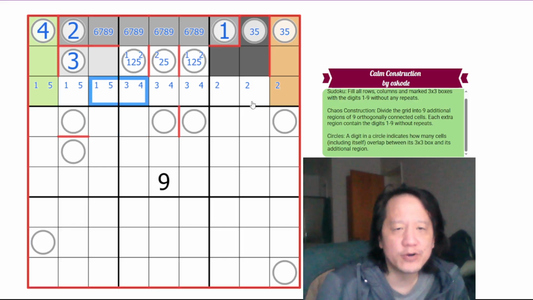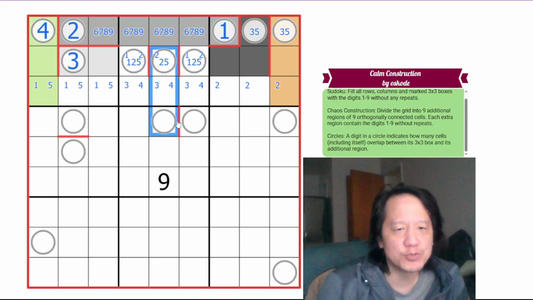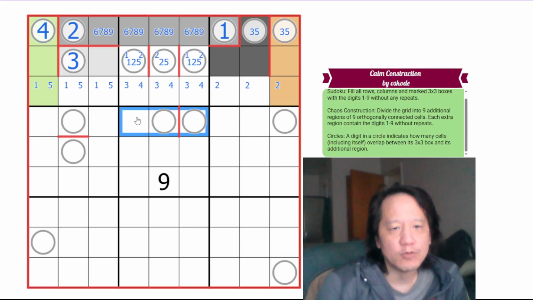It cannot be part of these regions anymore because, again, we only have 2 cells in the 3x3 box that are in the region and part of this cell. Same with this. This is 1 cell that is part of this 3x3 box and part of the same region. So it has to be 5. There must be 3 and 4, and there has to be another 3, 4 here in one of these 3 cells.